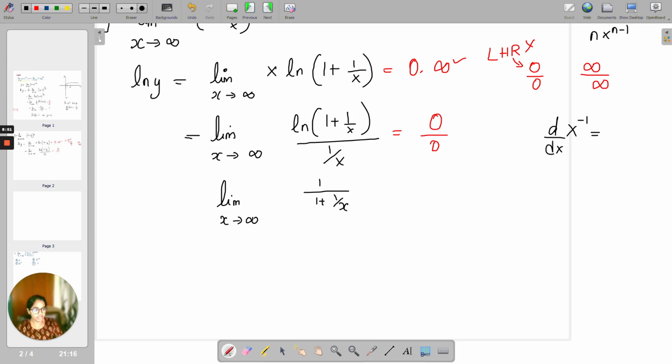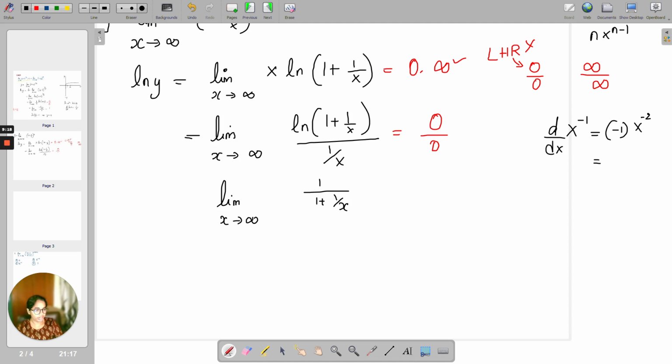So differentiation of x to the power minus 1 with respect to x is equal to minus 1, that is n, into x to the power n minus 1, that is x to the power minus 1 minus 1, both together is minus 2.